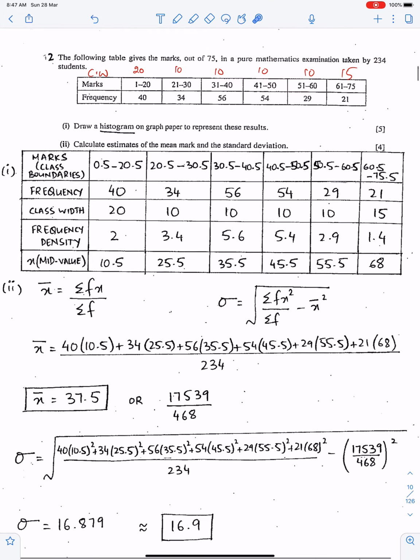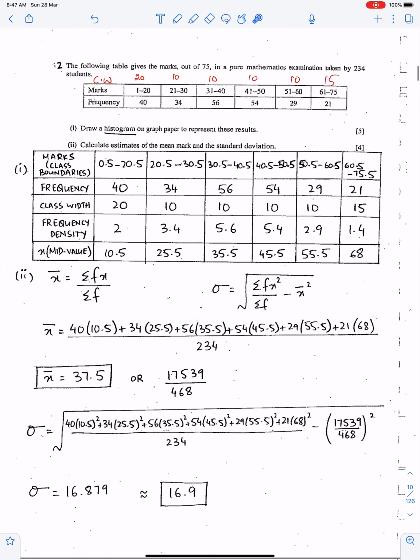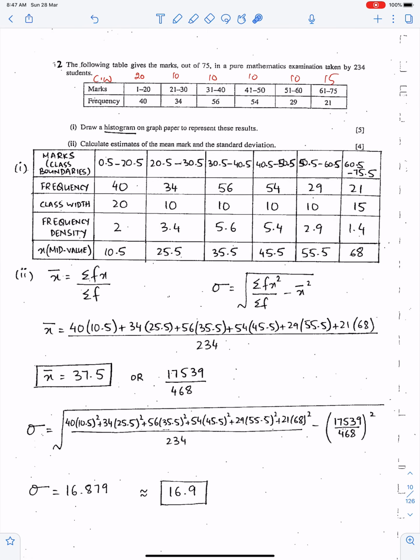Well, this question is about a histogram. You know this. I hope you are used to this type of table. This is a discrete data frequency distribution. Discrete marks are a discrete quantity. Discrete means countable quantity. And we draw histograms and cumulative frequency graphs for continuous data.